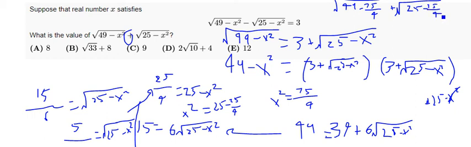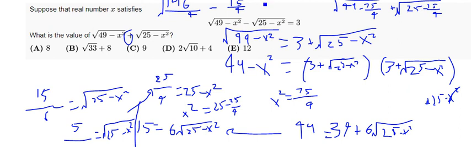Well, 49 minus 75 over 4. What is that? You can multiply 49 times 4, because basically 49 is equal to 49 times 4 divided by 4. And 49 times 4 is 196, and 196 divided by 4 is 49.